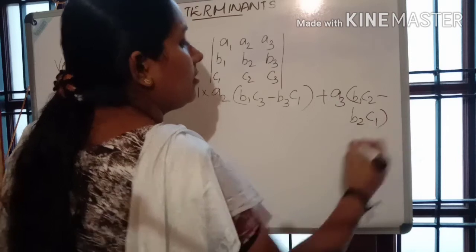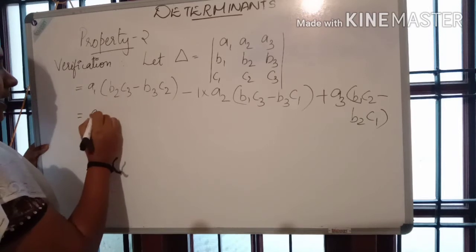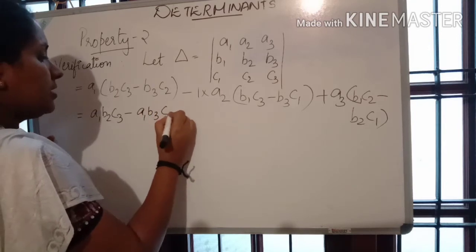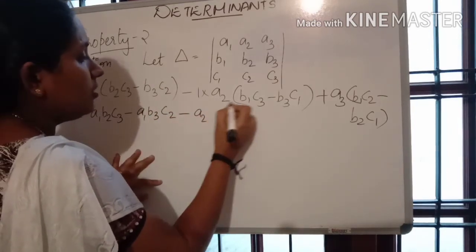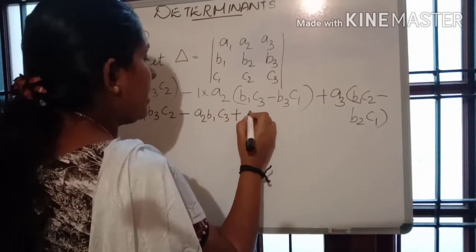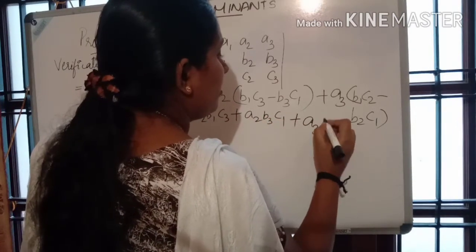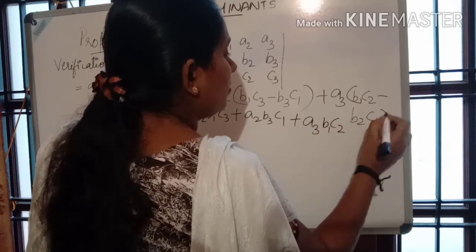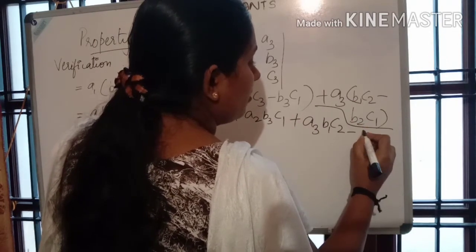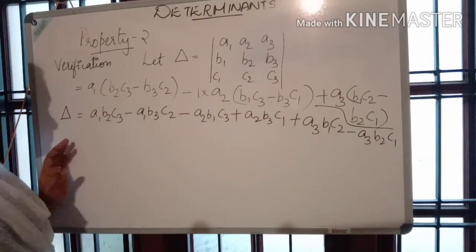I will get the determinant like this: A1 B2 C3 minus A1 B3 C2 minus A2 B1 C3, just multiplying inside, plus A2 B3 C1 plus A3 B1 C2 minus A3 B2 C1. This is the value for delta.